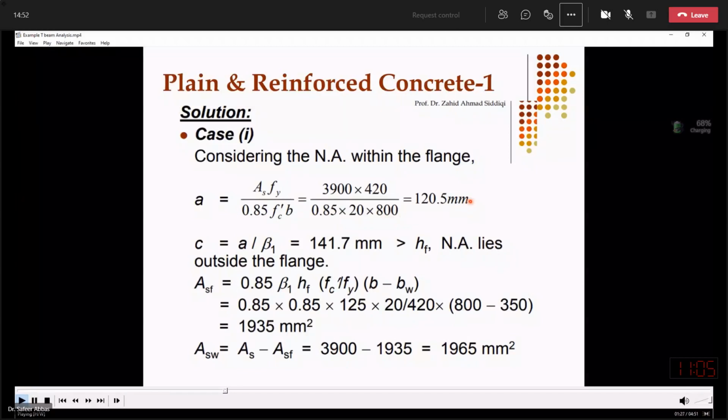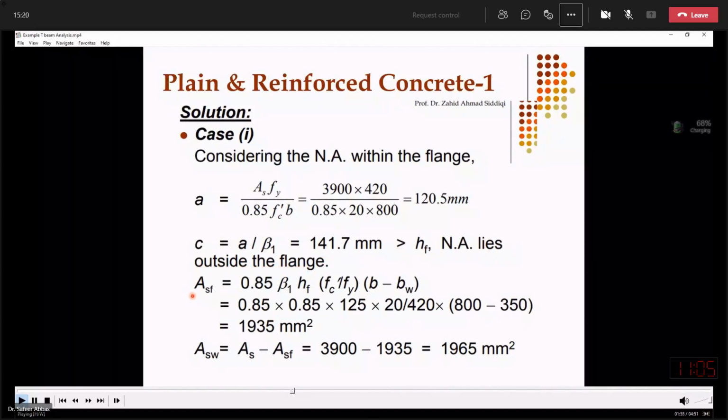So we will get 120.5 millimeter. To calculate c, c equals a divided by beta 1, and we get 141.5 millimeter. This value of c is greater than hf, meaning our neutral axis is lying outside the flange. It is not inside the flange.